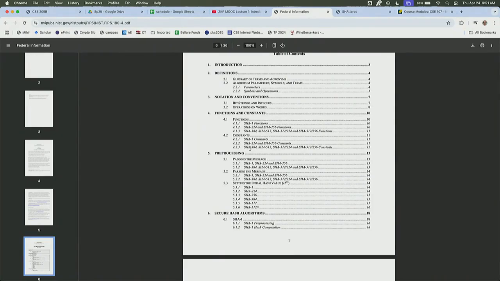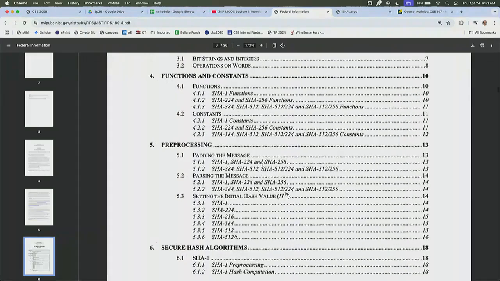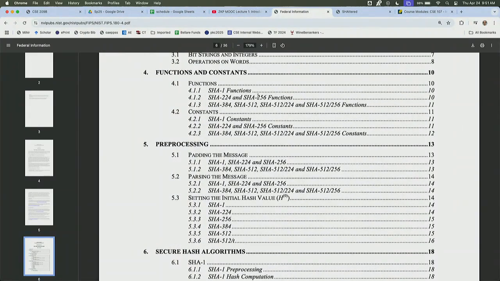Here it's defining the whole series. Remember the SHA-1, 224, 384, etc. And as part of that, it also defines the 256 function here.